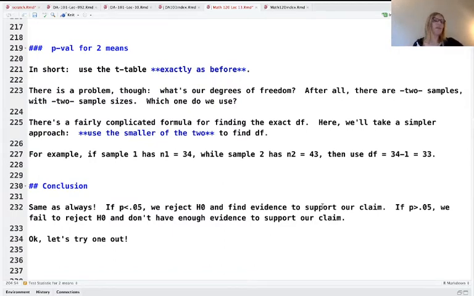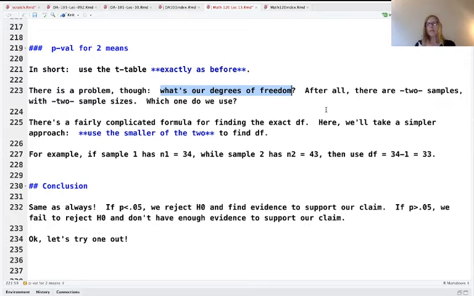For the p-values, in short, it works basically the same. Use the t-table. You're going to get that test statistic, and you're going to look it up in the t-table just like you did before. No difference here. There is one little issue. We've got 2 different samples, so we've got 2 different sample sizes.